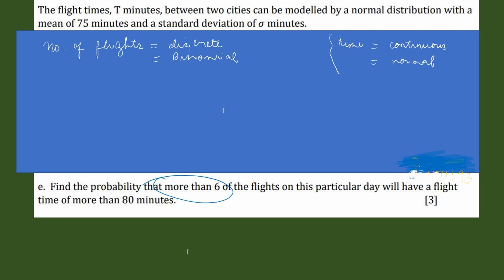Now, let's take a look again at the problem. We're looking for the probability that the number of flights, let's call it y, is more than 6.